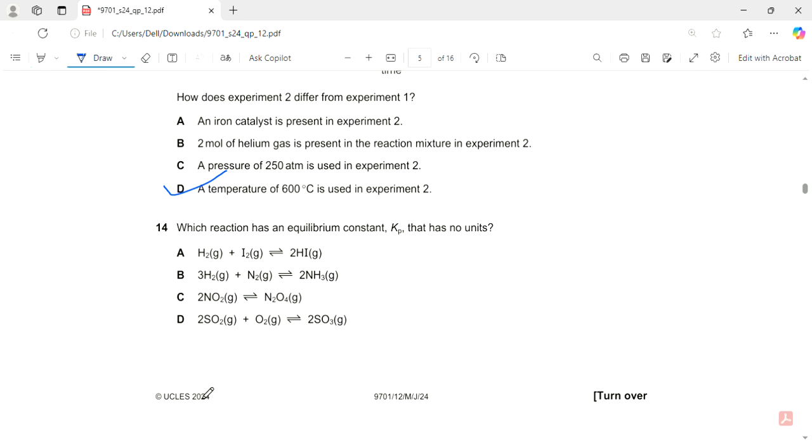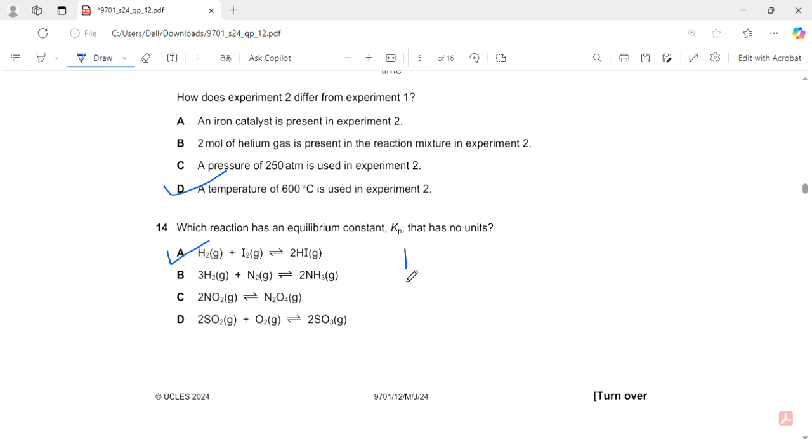Which reactions have an equilibrium constant with no units? We all know that there are 3 moles plus 1, 4 moles, and there are 2 moles left with the unit, and this will be left with the unit and this will be left with the unit. So the answer is A. A is not left with a unit.